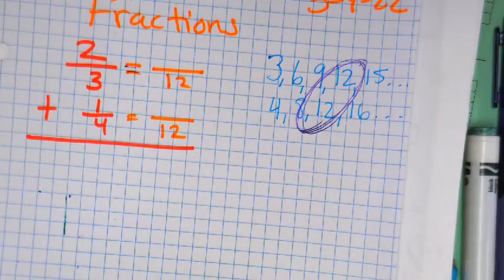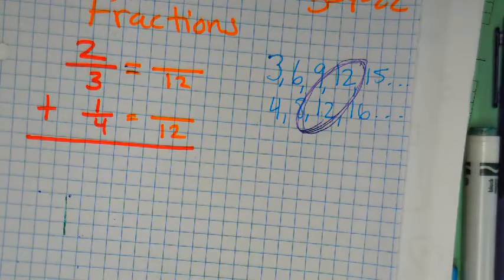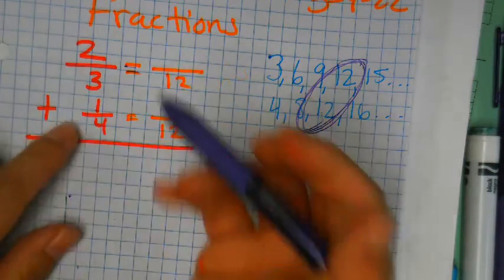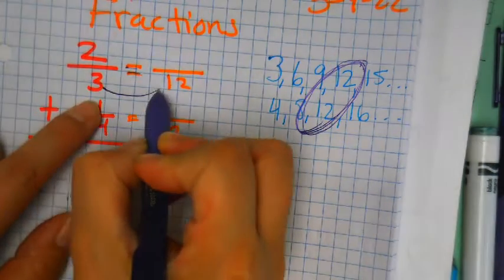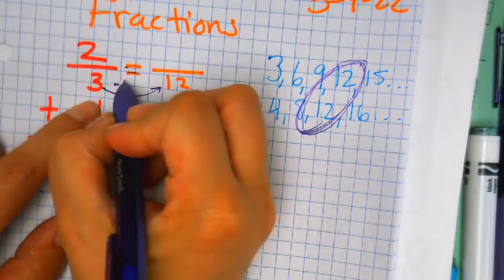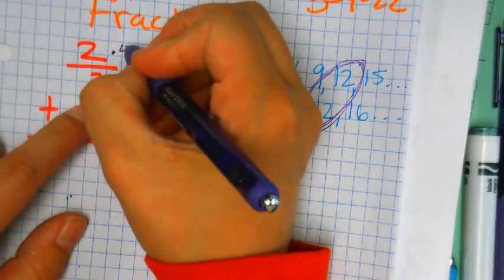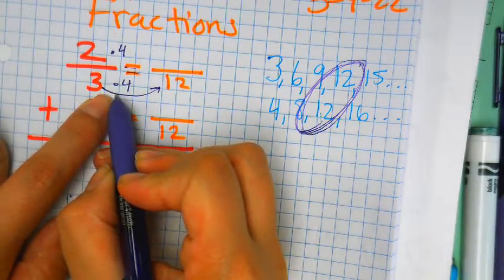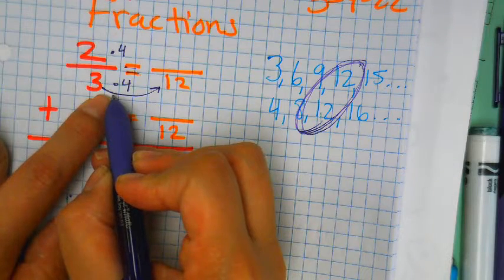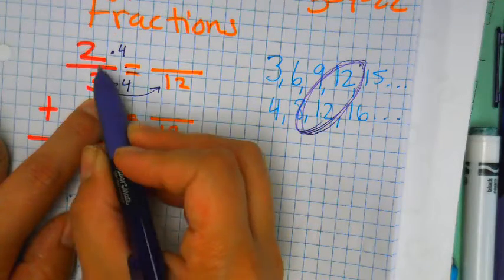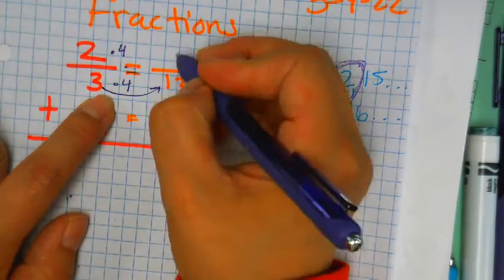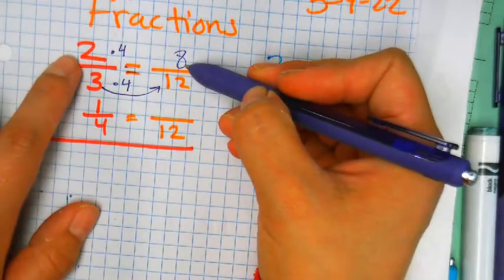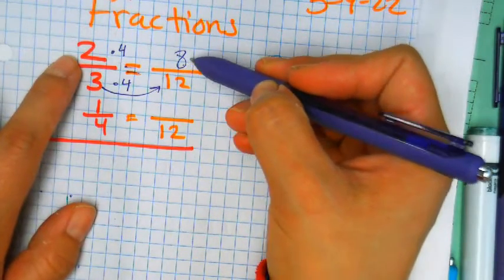You have to ask yourself, we did this with proportions. What do I multiply 3 by to get to 12? 4, Emmanuel, we're writing this down. So if I multiply the bottom by 4, guess what I have to do to the top, Angel? Put that away. Times it by 4. What's 2 times 4? 8. You see the 2 transforms into an 8.